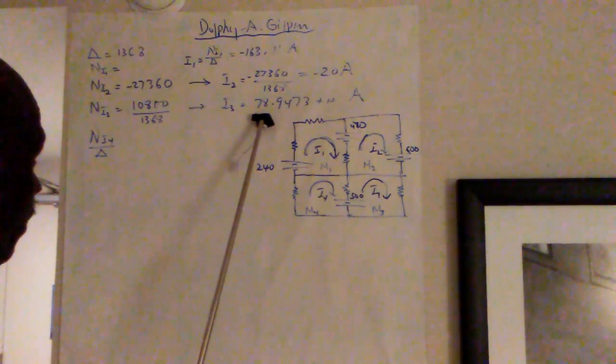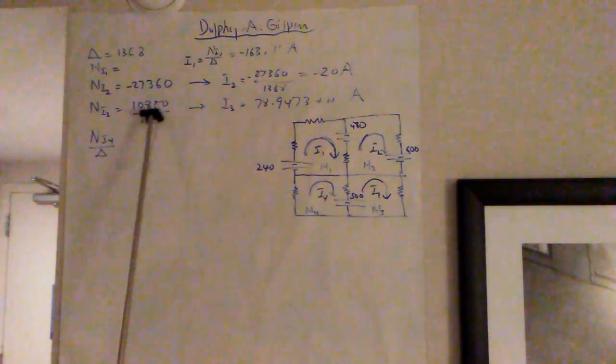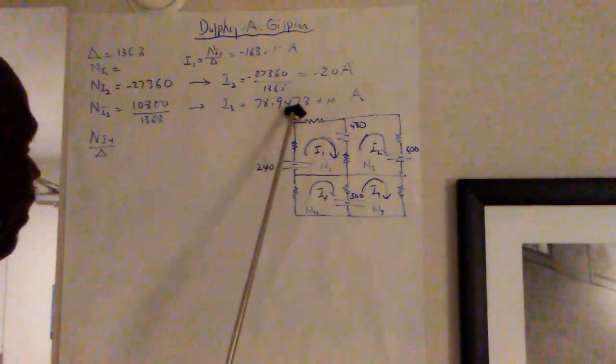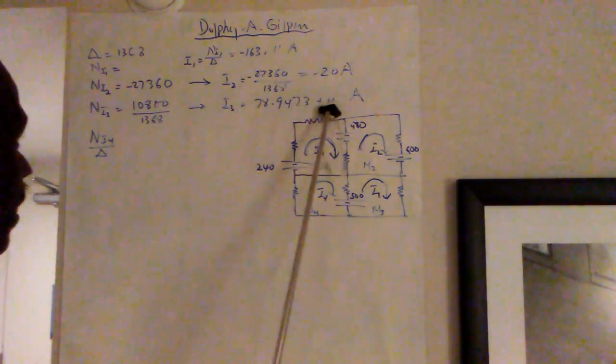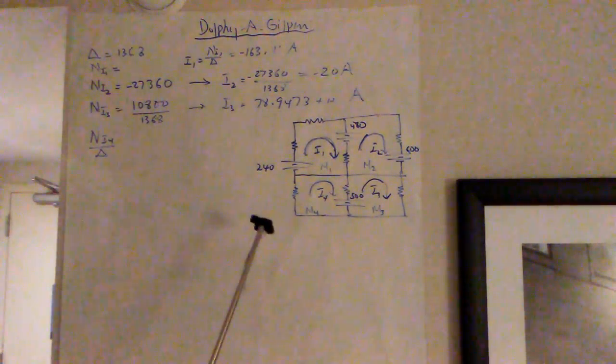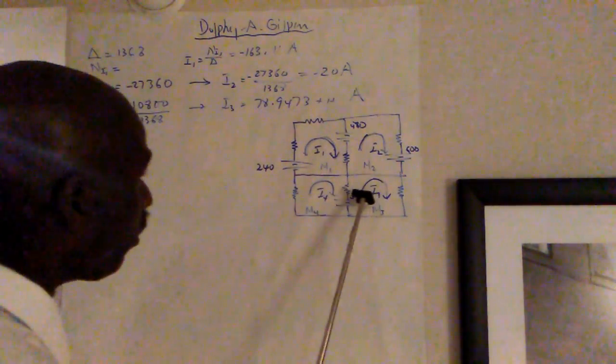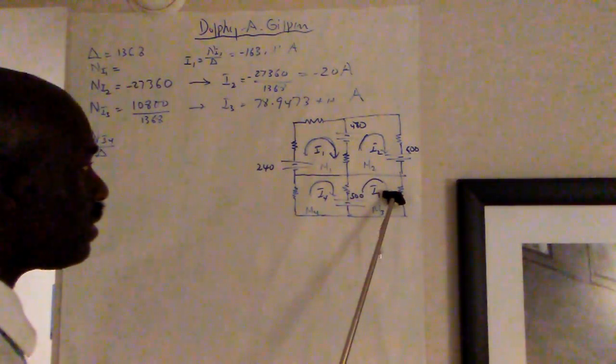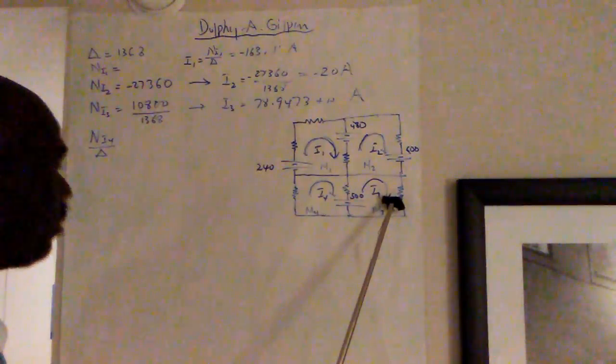I3 to be equal to 10800 over 1368 to be equal to 78.9473 in the positive, which implies that our assumed current I3 is moving in the right direction.